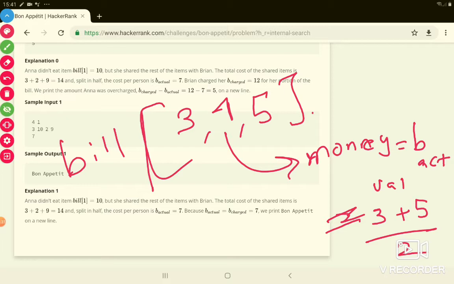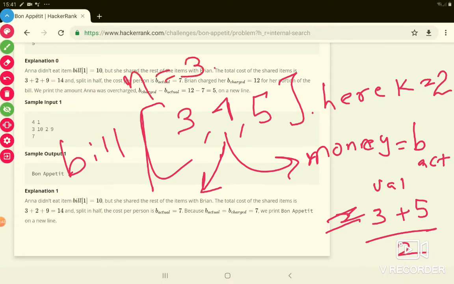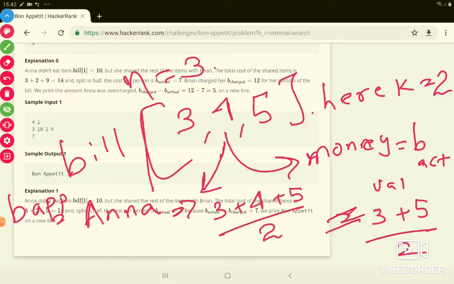But if Brian also included the other element, here k equals 2 and n equals 3, then Anna will have to pay, that is, be apparently charged, (3 plus 4 plus 5) divided by 2.